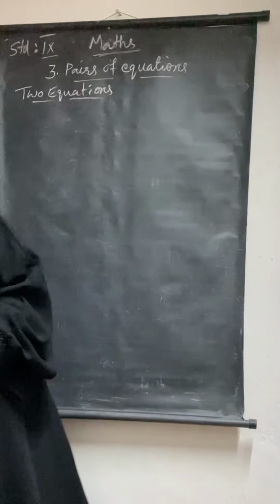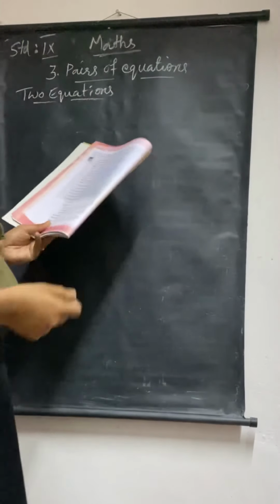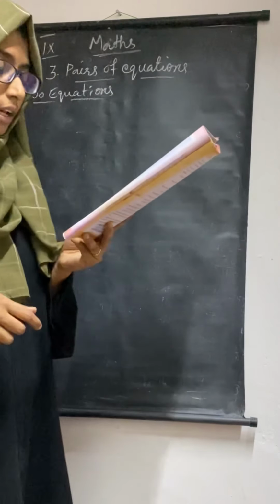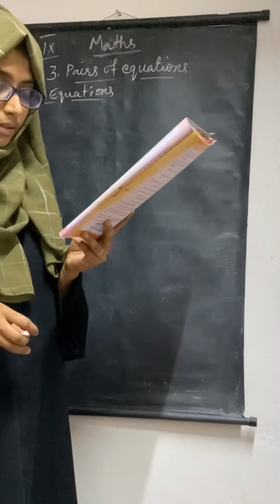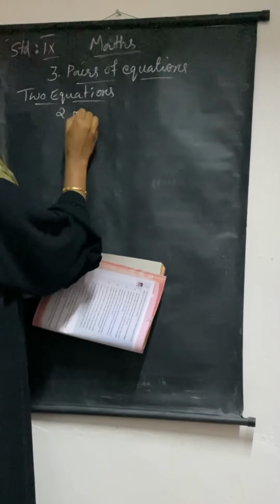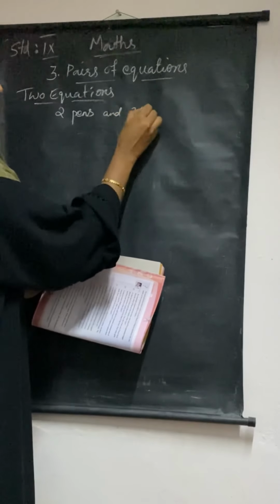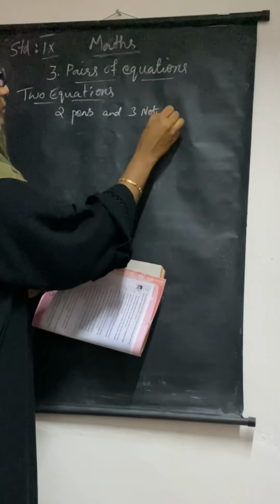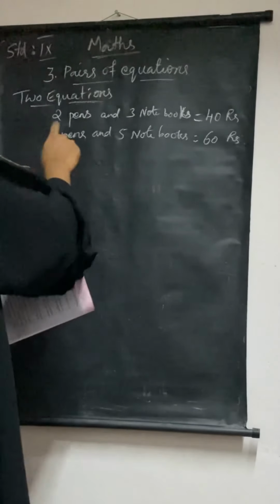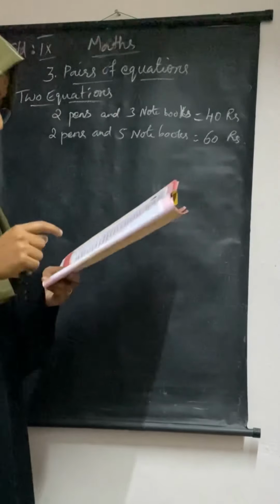You can see page number 36, the side heading, two equations. In that, one example is given: the price of 2 pens and 3 notebooks is 40 rupees.